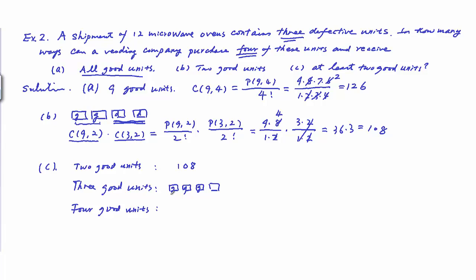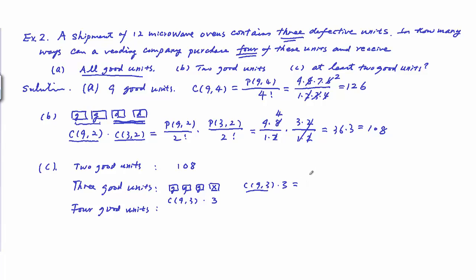So you have 9 units taking 3 at a time, so you talk about combination 9, 3. And then this spot will be filled with a defective, and you have 3 defective, so you have 3 ways here. So by the multiplication principle, this will be combination of 9, 3 times 3.